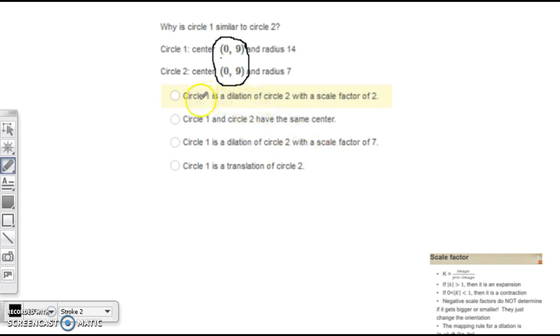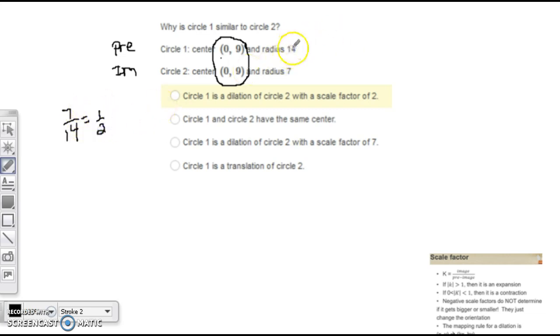Oh, this is tricky. The reason for that awkward pause after I said, oh, this is tricky, is because they're changing the order on you. Typically, we would say that the first one is the pre-image, the second one is the image, and we would do our scale factor, image over pre-image, so typically we would say the scale factor is 1/2.